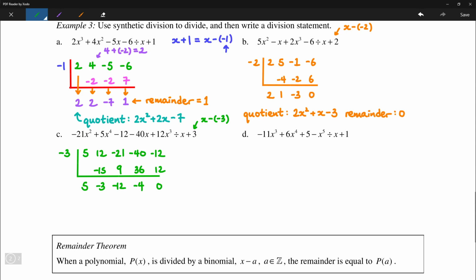So the quotient is, well, 5x cubed minus 3x squared minus 12x minus 4.